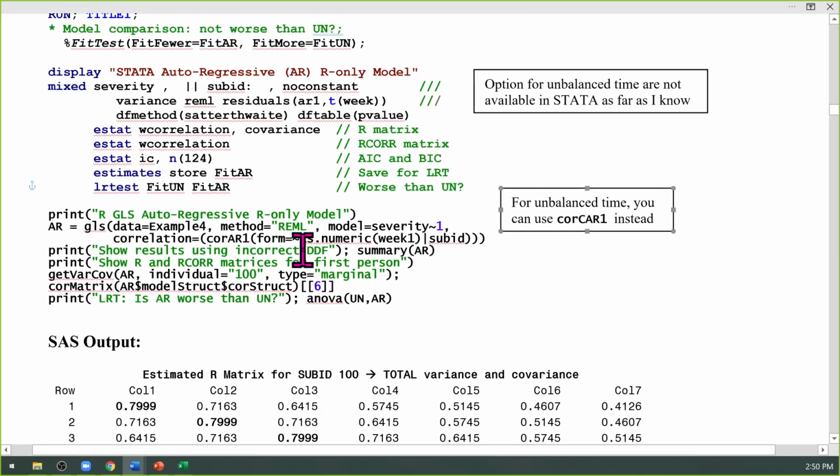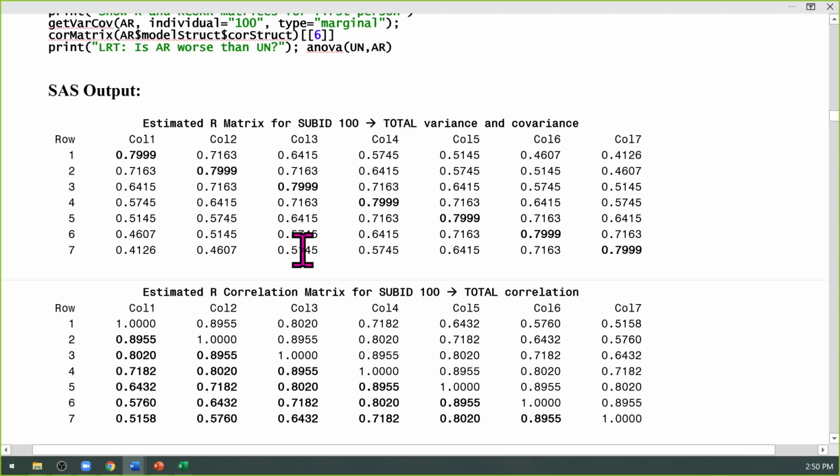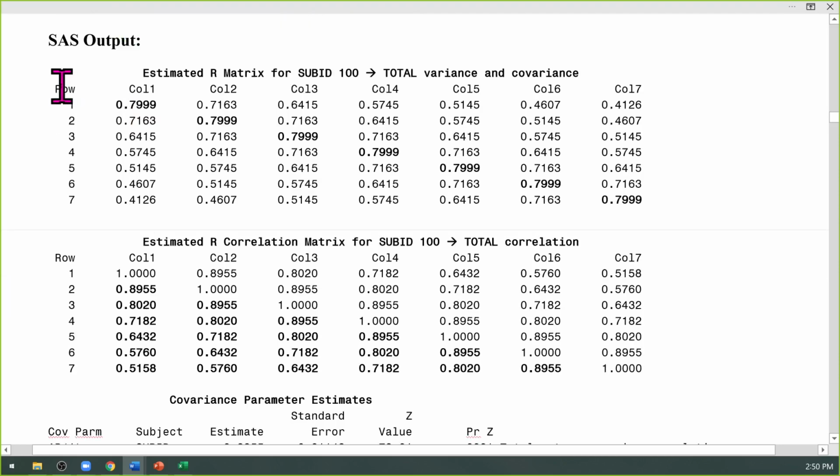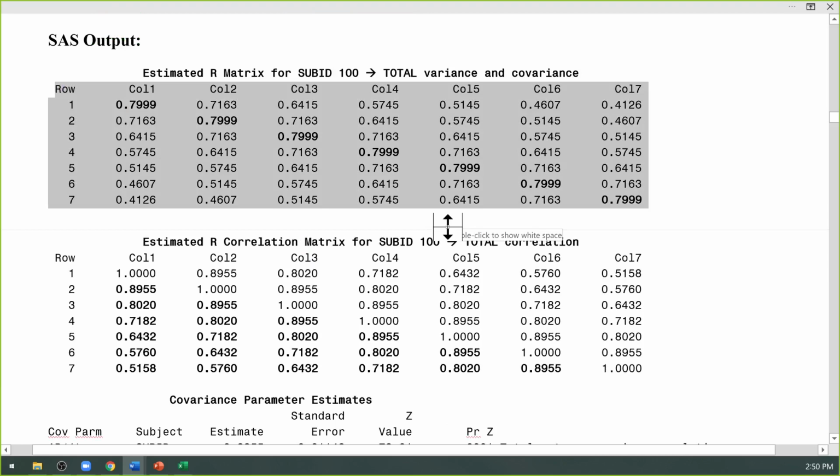So here's what the AR1 model says our data should look like. In terms of the variances, this is a homogeneous variance structure, so it still predicts the same variance at each occasion. However, it does not do so by saying how much is level 2 and how much is level 1. It's just one number. It doesn't use the concept of a random intercept to predict the correlation between the occasions.